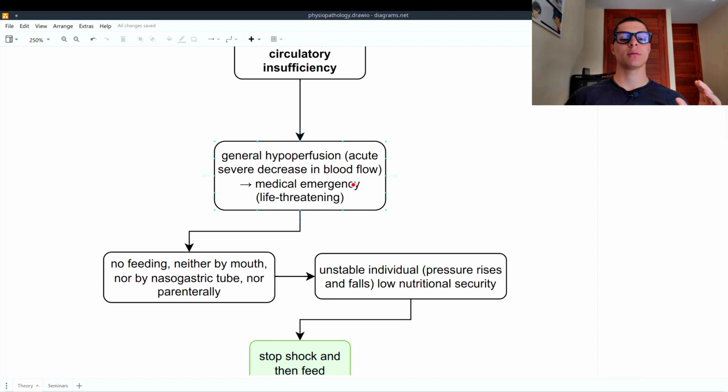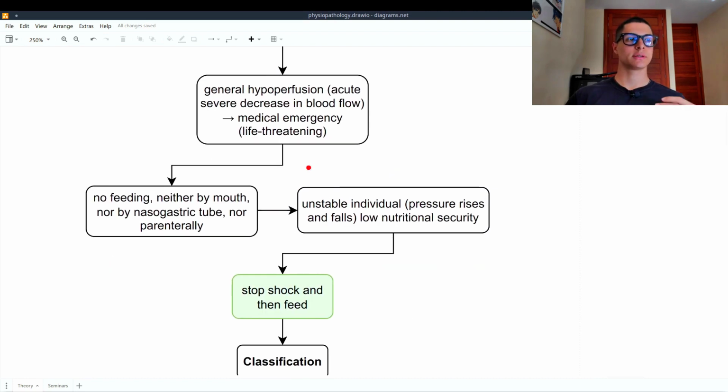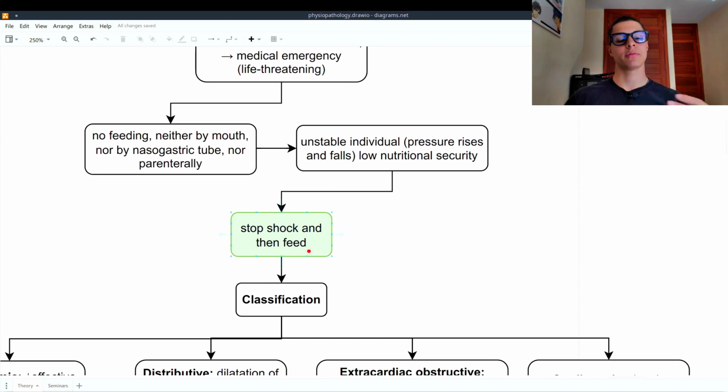This is a medical emergency because it can be life-threatening. During this state, we do not feed the individual, neither by mouth, nor by nasogastric tube, nor parenterally. It is an unstable individual. Pressure rises and falls, and there is low nutritional security. So what do we do? We stop the shock and then we feed.